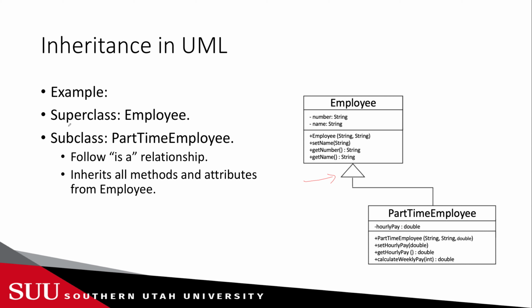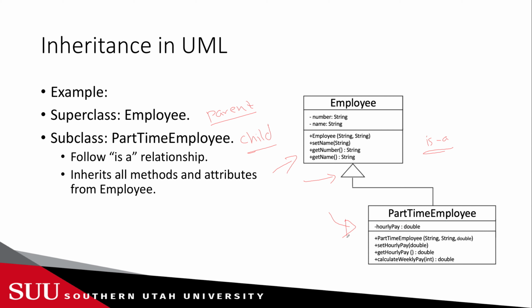The employee is the superclass, or we can also say the parent class, and the part-time employee is the subclass, or what we call a child class. Notice that each part-time employee is an employee as well. So there is what we call the is-a relationship. An object of this class is also an object of this class.